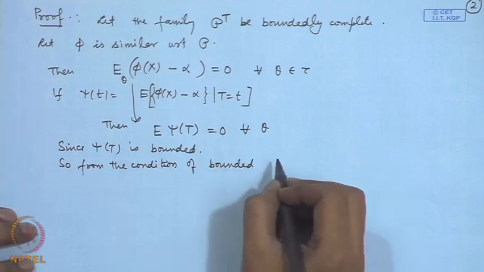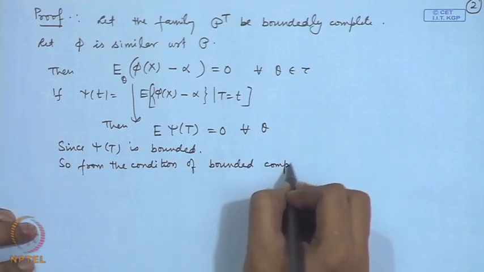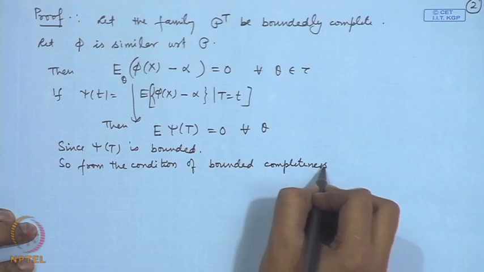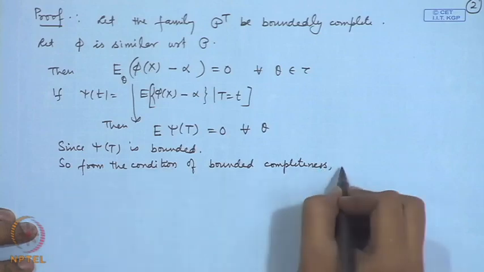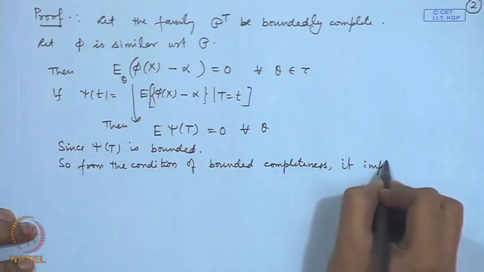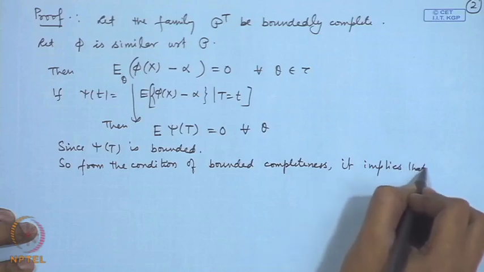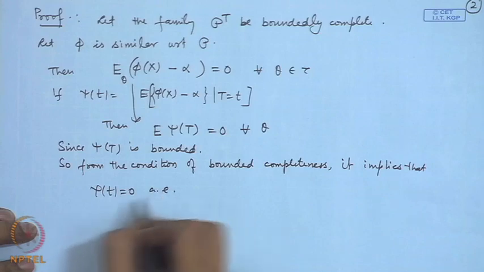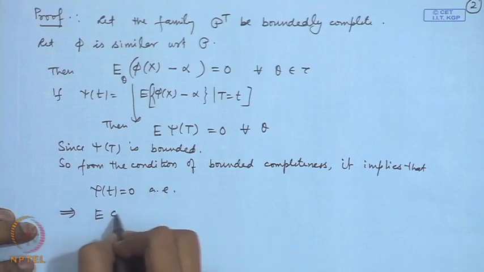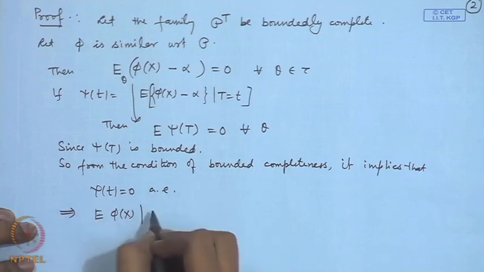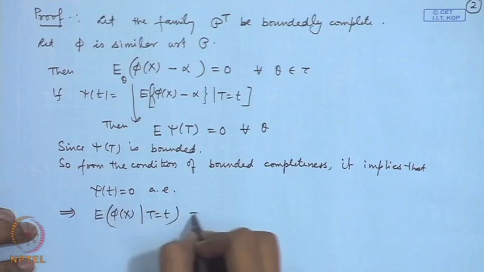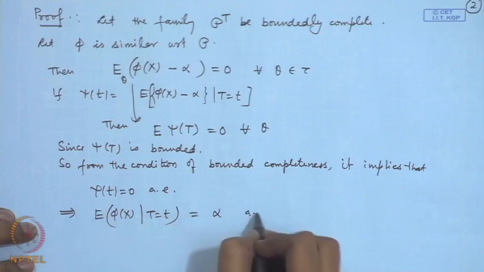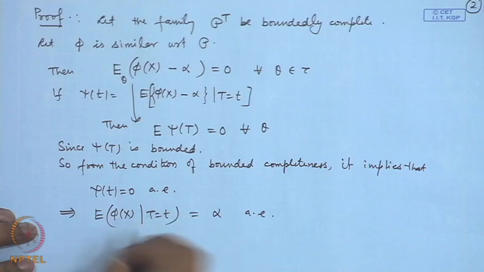So, from the condition of bounded completeness, it implies that ψ(t) is equal to 0 almost everywhere, which implies that expectation of φ(X) given T equal to t is equal to α almost everywhere. That means the test φ has Neyman structure.